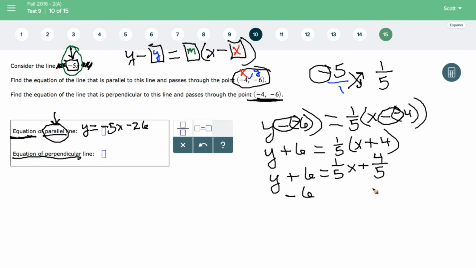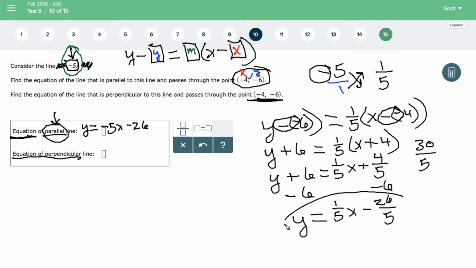Minus 6 minus 6, y equals 1/5 x, and 4/5, or 6 into fifths would be 30 over 5. So 4 minus 30 is negative 26 over 5.